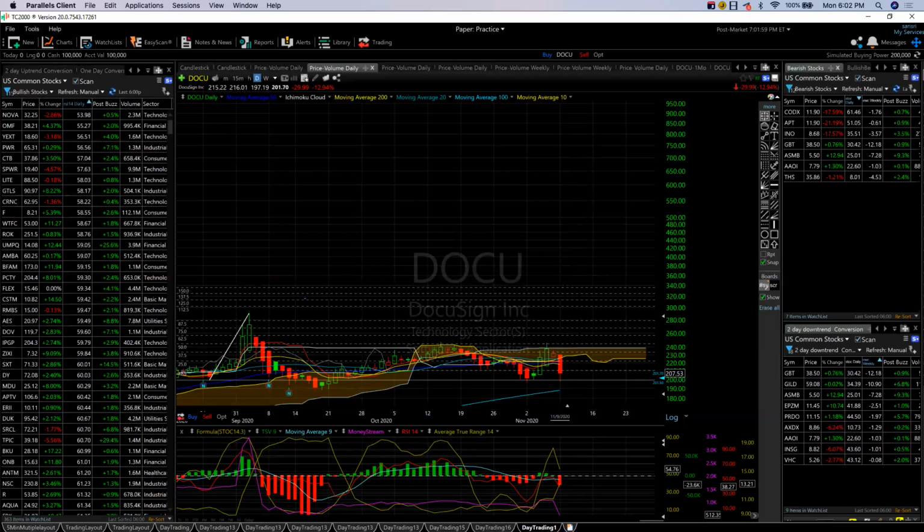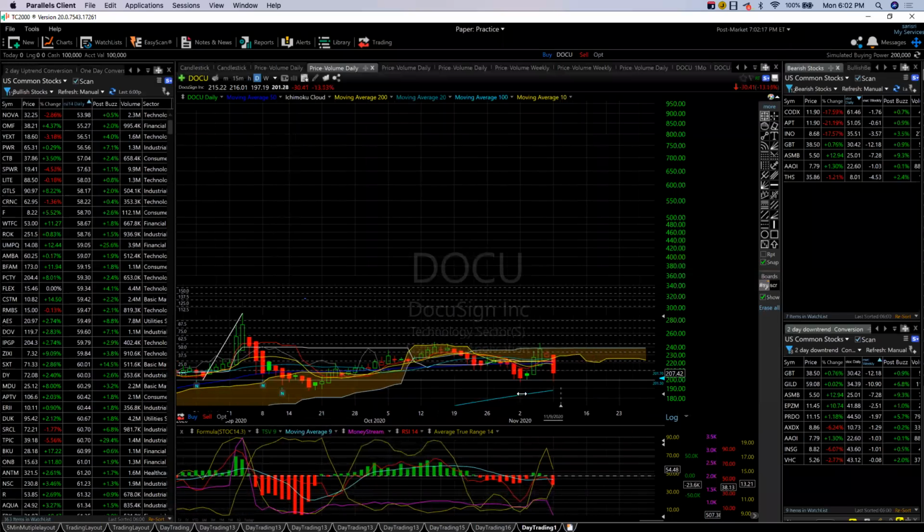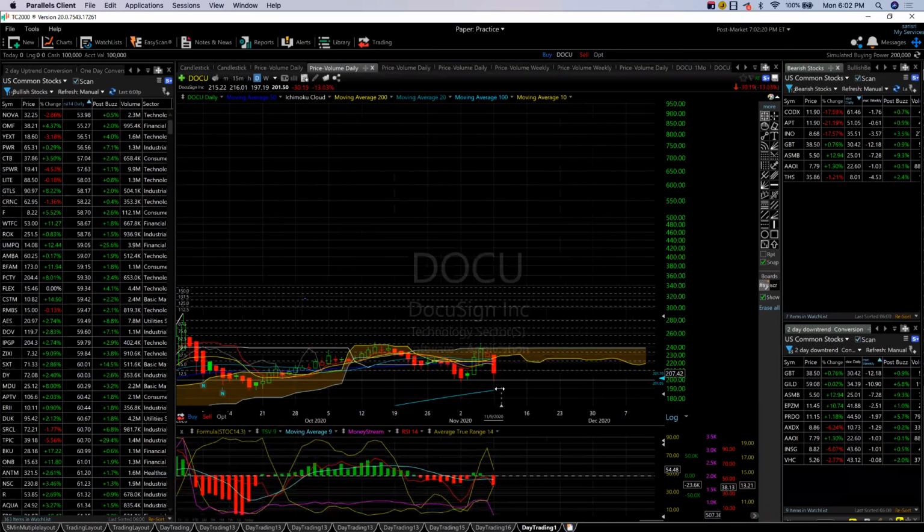So first it has to cross this cloud and it should go up. One thing which is worrying me a little bit is that the Leading Span B is above the Leading Span A. So it is showing a long period. Let's see if it's crossing somewhere. I'm trying to see if it's crossing. So it's not crossing anywhere. It's staying below.